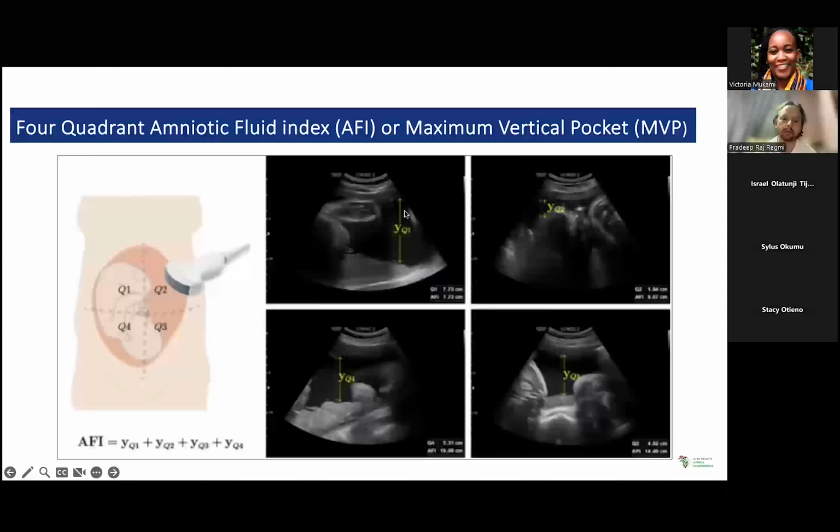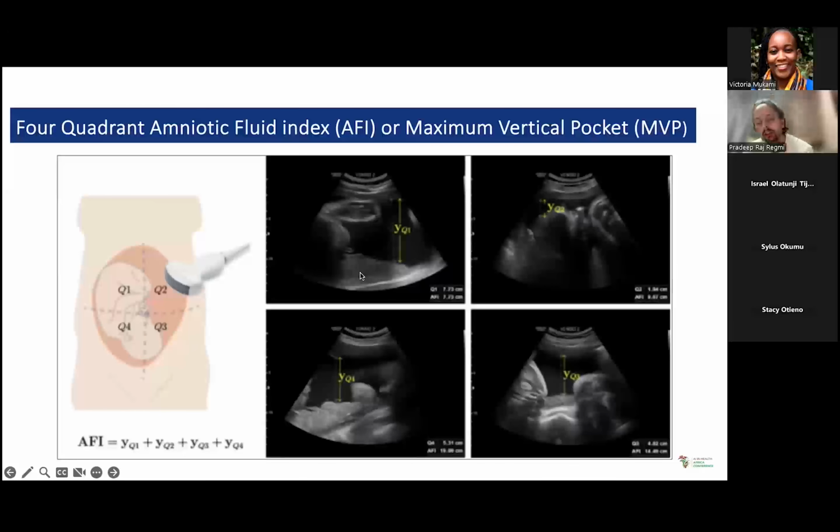And another is the amniotic fluid volume. There are two ways of measuring the amniotic fluid. One is the four-quadrant pocket measurement of the maternal abdomen, uterus. We do one quadrant, second quadrant, third and fourth, and we total it.